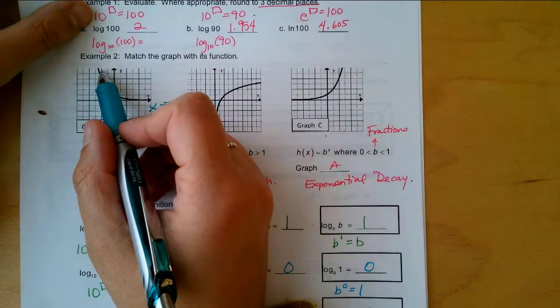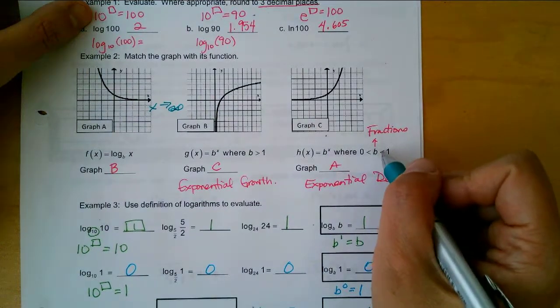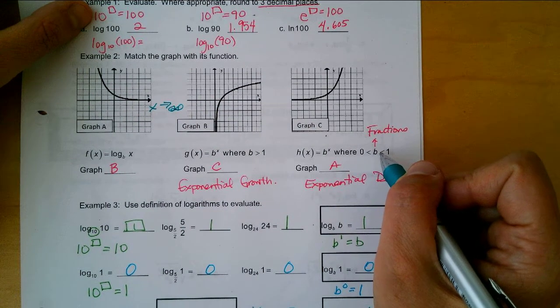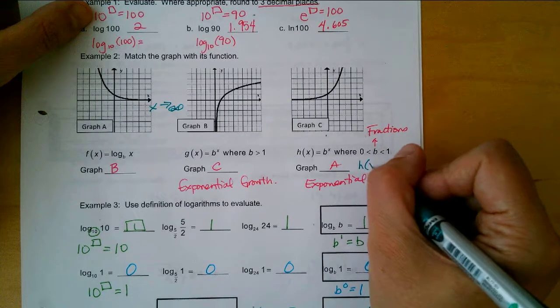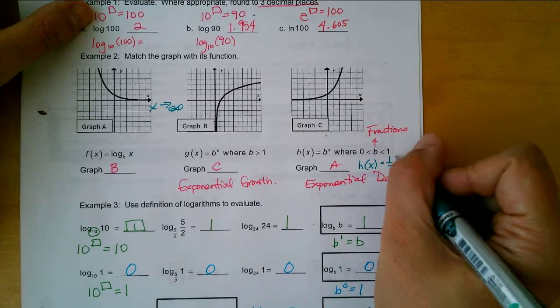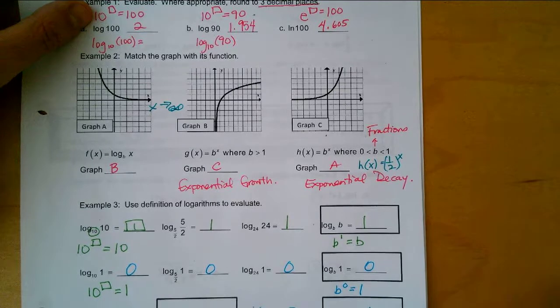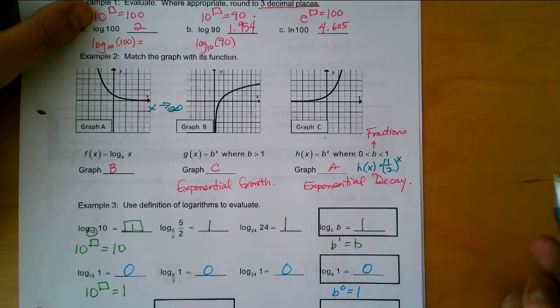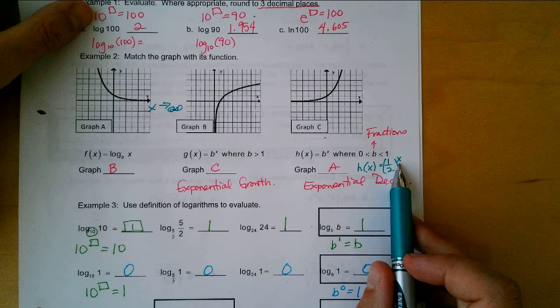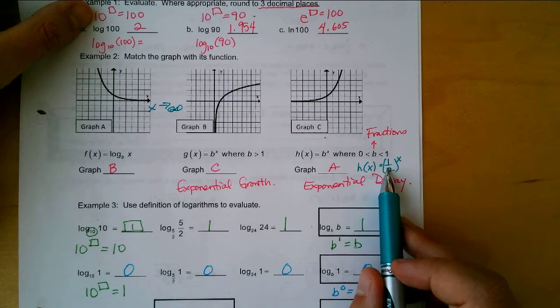When we see that you have a base that's a fraction, then as you take a fraction, like let's say, for example, let's make an example, h of x equals 1/2 to the x power. If I keep taking bigger and bigger values of x here, even squared is 1/4, right? If I replace the x with a 2, I get 1/4.